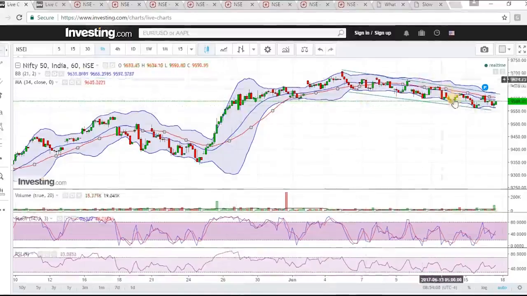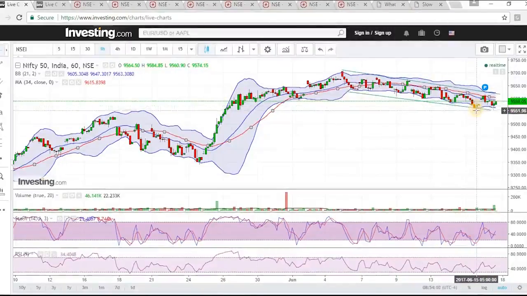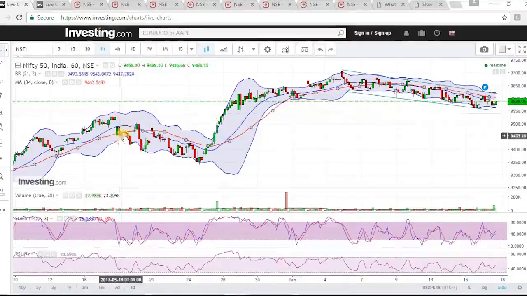But in a range bound market, a trader can assume very small stop losses and do multiple entry and exit to maximize his profit. Here we can see again in the last consolidation phase, the market provided multiple entry and exit.